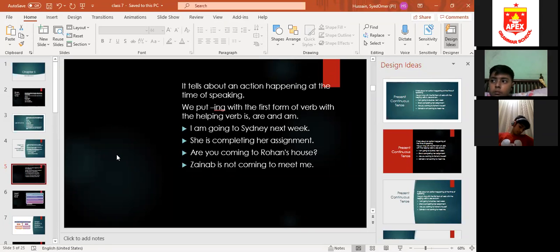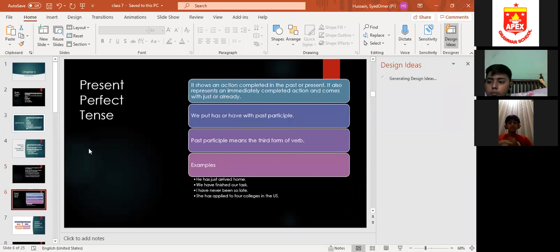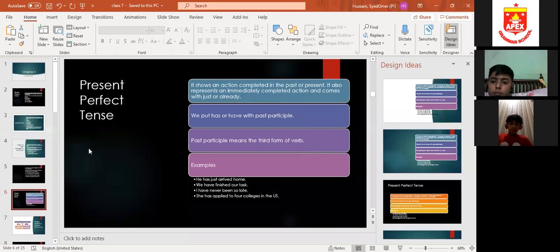Then present continuous tense tells about our action which is happening at the moment, okay, at the time of speaking. We put ing with the base verb, and the helping verbs are is, are, am. Now present perfect tense. Perfect means something which is complete.